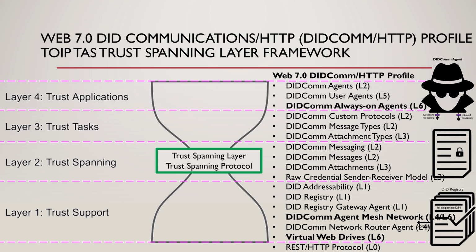And then down at the bottom, I've re-highlighted the DIDComm agent mesh network, because now we're not only talking about the HTTP network, but any transport that you choose to run DIDComm on. And finally, there's the virtual web drives, the Web 5 DWNs, the solid pods, etc. So anything required to operationalize and complete the Web 7.0 architecture is in this layer.